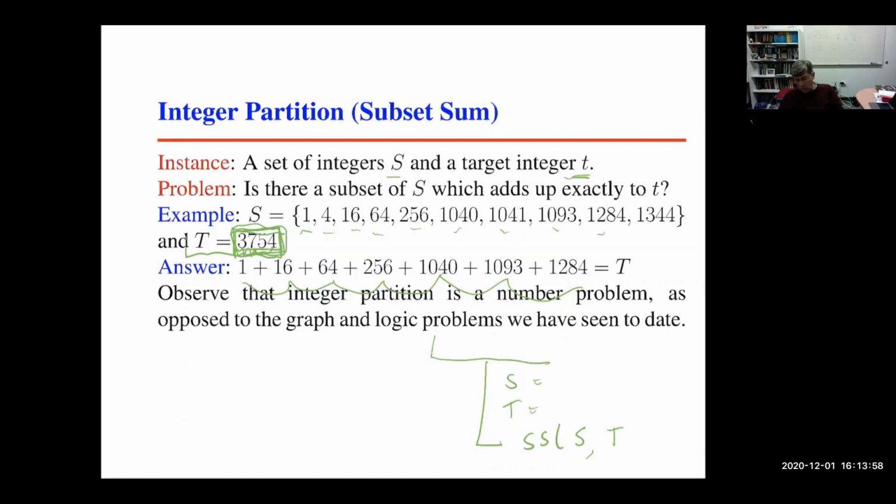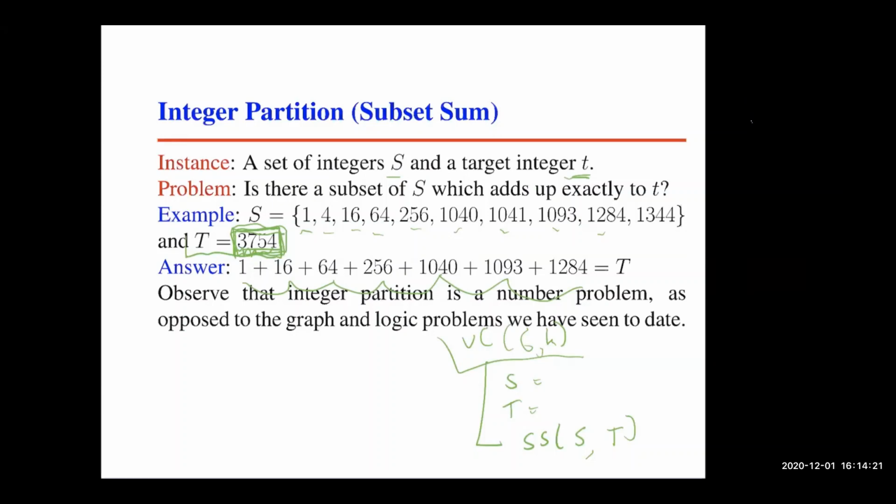What if I told you I wanted to do vertex cover? In what way does this smell like vertex cover? Is there any way that this smells like a vertex cover to you? Well, in what way do you see a similarity? We're kind of choosing vertices to cover the entire set of numbers, which satisfies adding up to that sum, I guess.